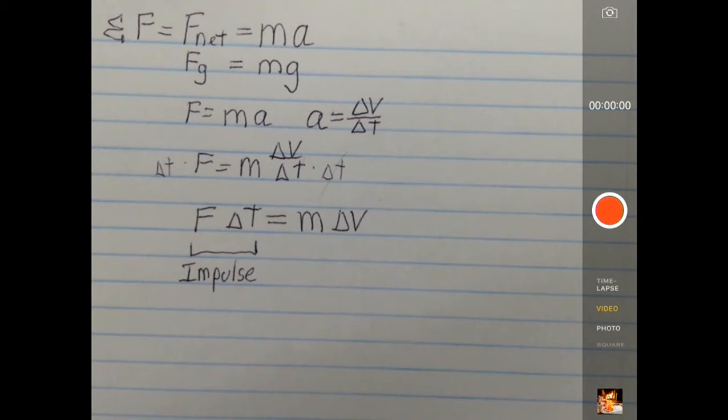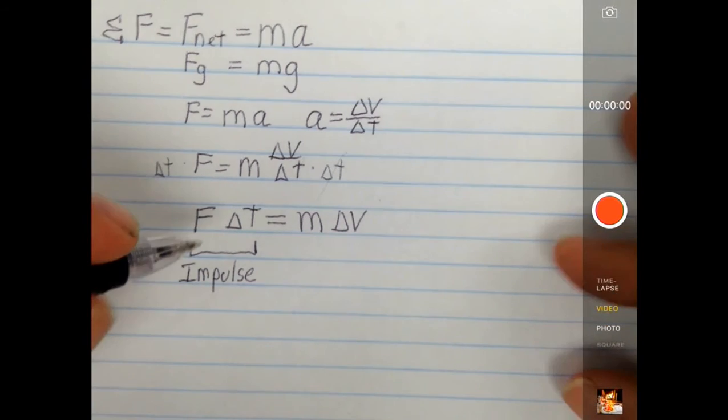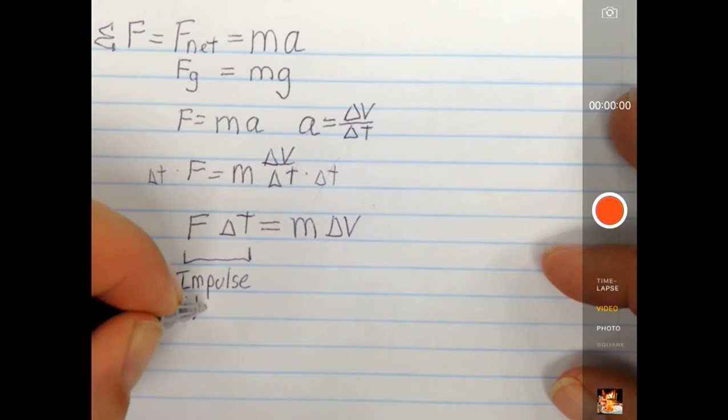So off the top of my head, I could say I apply a force of 3 newtons for a time of 2 seconds. That would be called the impulse. The units of it are newtons times seconds.